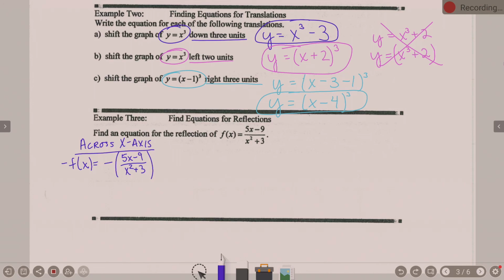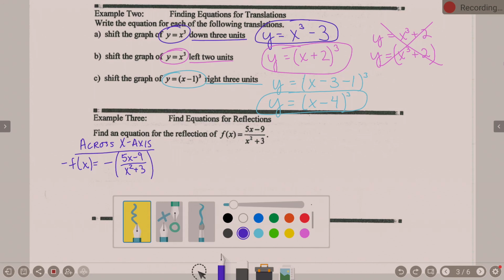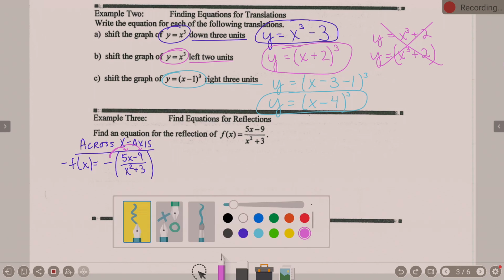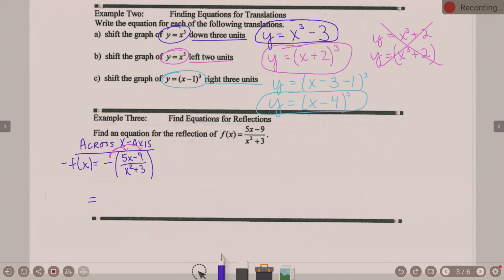Now, the thing is, if you slide just up or just down a little bit, it looks like it's that first sign. So what I tend to do is take this negative and think about it as distributing. If we think about it in that sense, then on top, instead of 5x minus 9, it becomes negative 5x plus 9, over x squared plus 3.